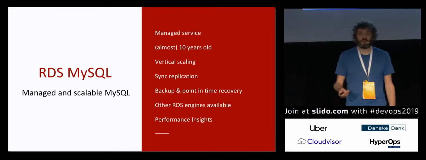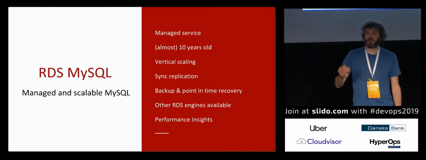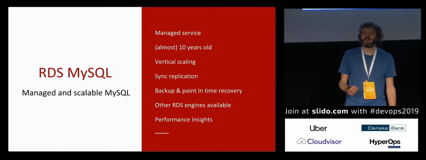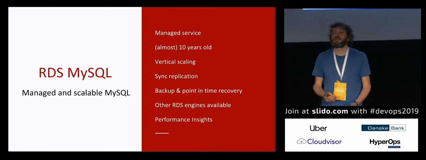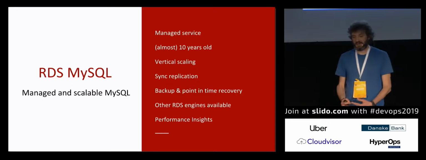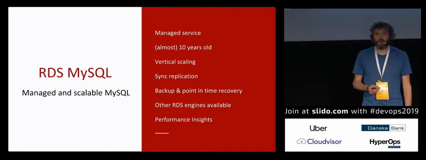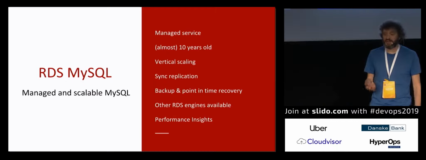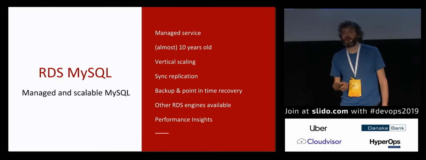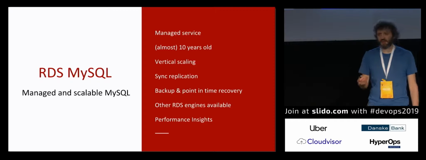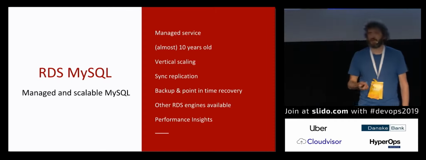In the sense that you can have daily backups, you can decide to recover your database to a specific point in time. Stuff that used to be in the hands of just the DBA, and now a developer can usually do as well. Of course, we are using MySQL as an example, because we'll see a few examples with Aurora later on, but actually there are other engines available for RDS: Postgres, Oracle, SQL Server, even MariaDB.